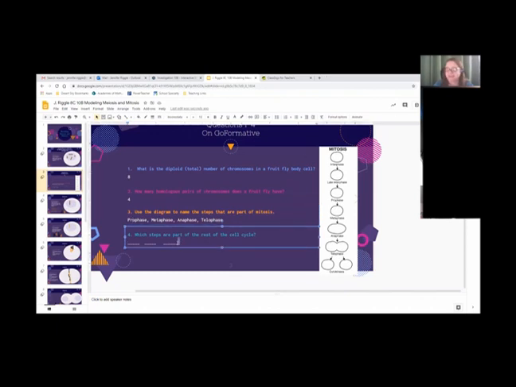Okay, so which 4 steps are part of the rest? The hint is, it's the 3 we did not use. So we didn't use interphase. That's where the cell is just existing.